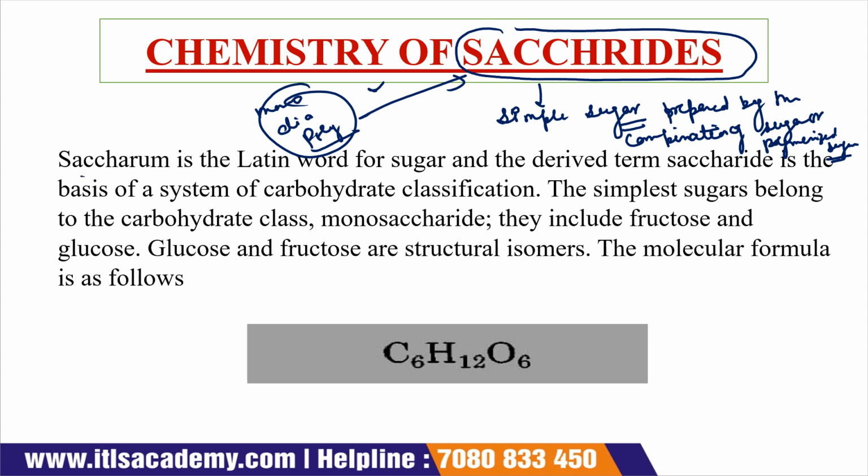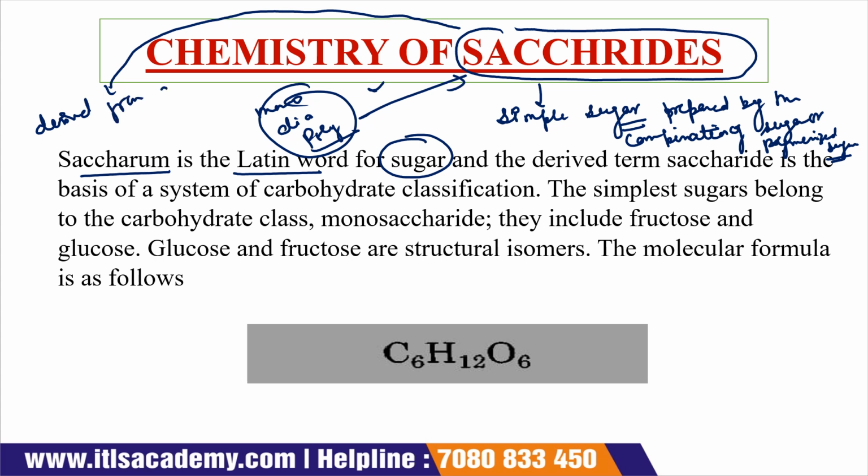Saccharin is a Latin word for sugar. That means saccharides are derived from the Latin word saccharin, and saccharin means sugar. The derived term saccharide is the basis of the system of carbohydrate classification.